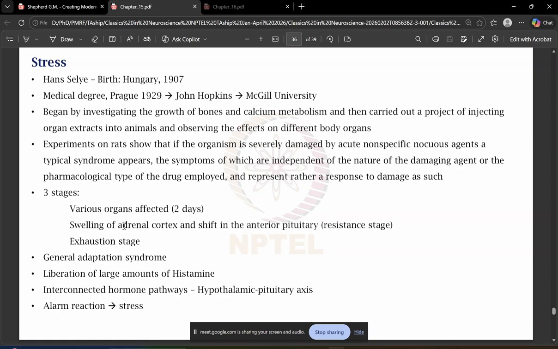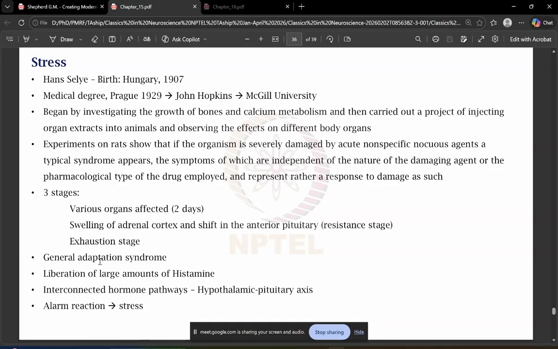However, it has also been shown that later, apparently, he regretted using the term stress because, for example, in physics, the word stress is used for a reaction. We know about stress and strain, right?